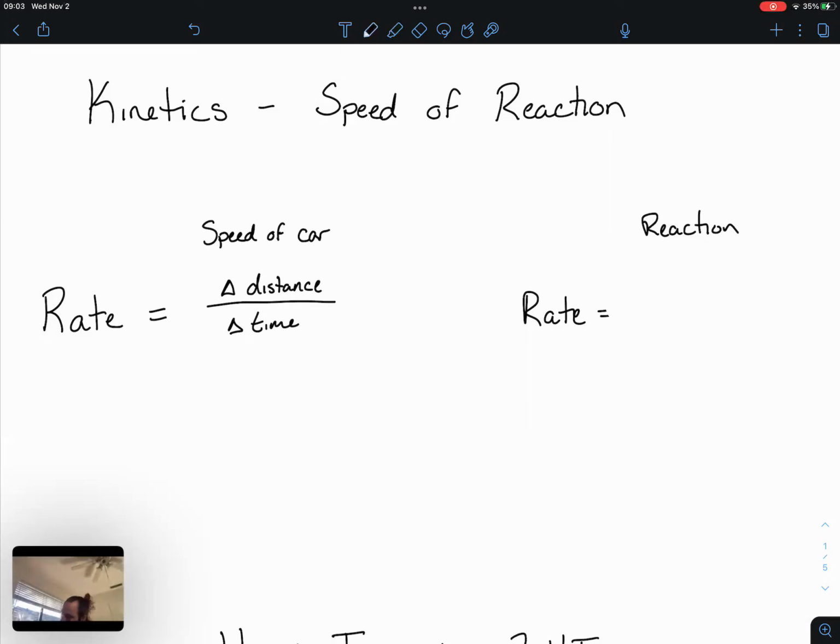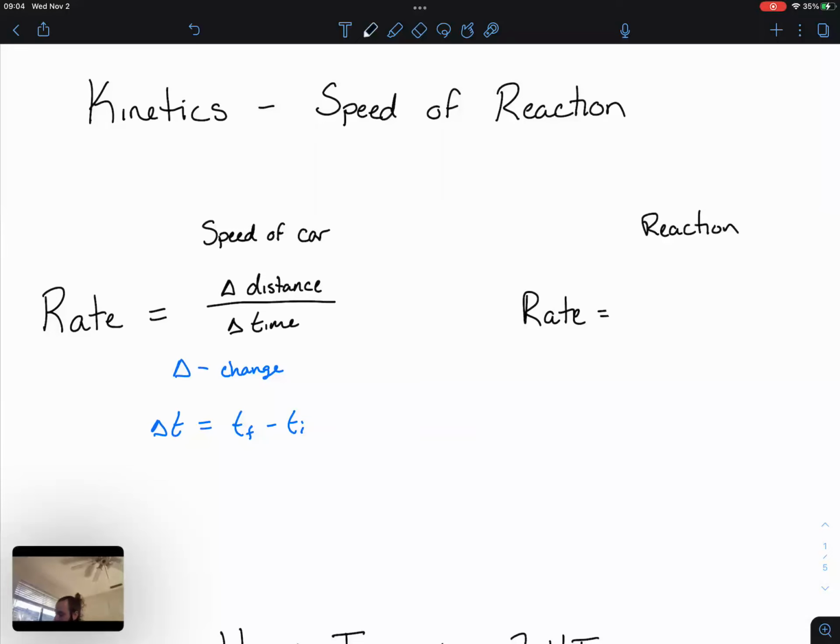Just to be clear what this delta means, the triangle means change. Really what we would say is that delta T is the final minus the initial, the change in time. With regard to our reactions, we're not talking about a distance covered.